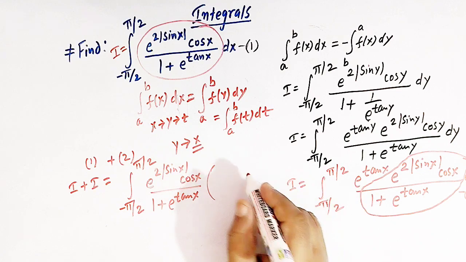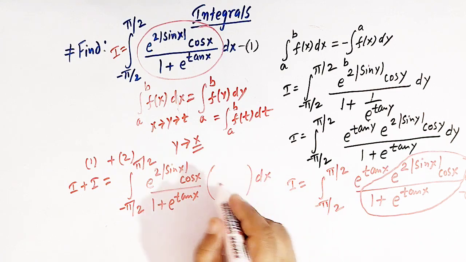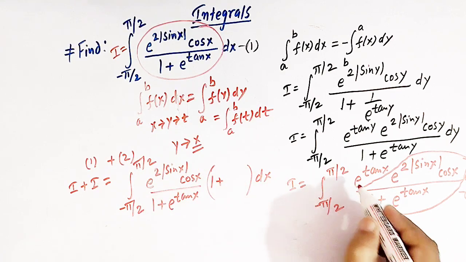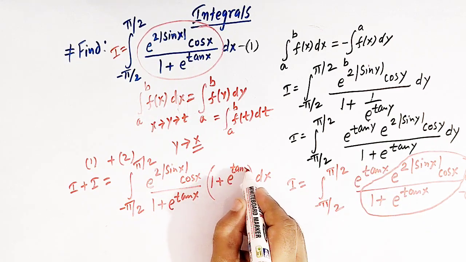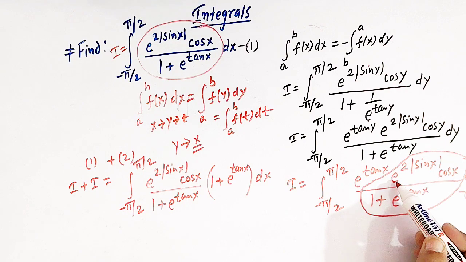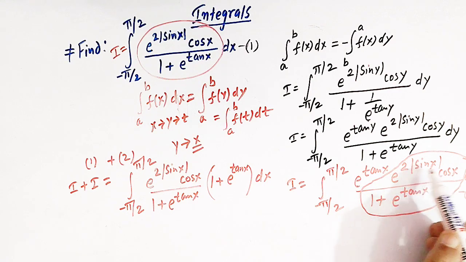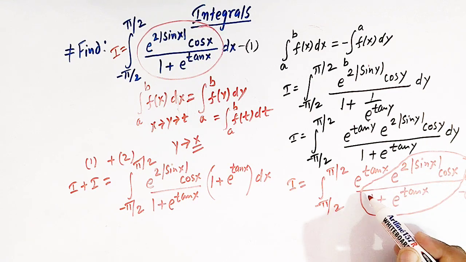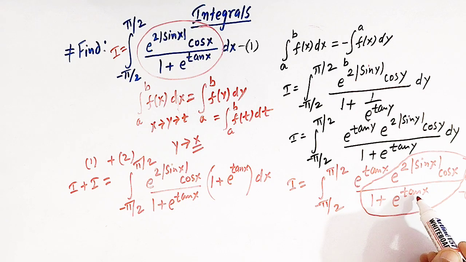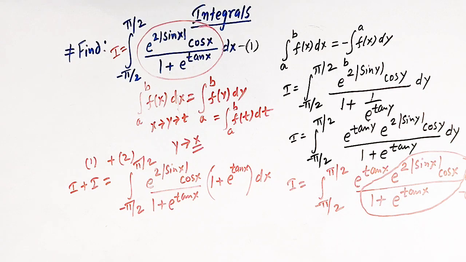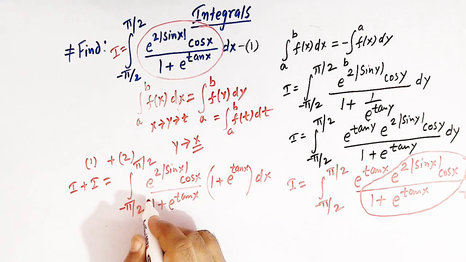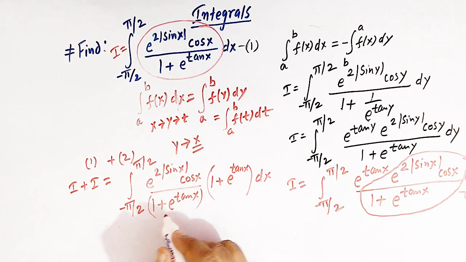e raised to tan x. Here we have e raised to tan x, because this portion, e raised to 2 times mod of sin x, cos x divided by 1 plus e raised to tan x, is common in both the integrals. So taking this part common, we have 1 plus e raised to tan x.